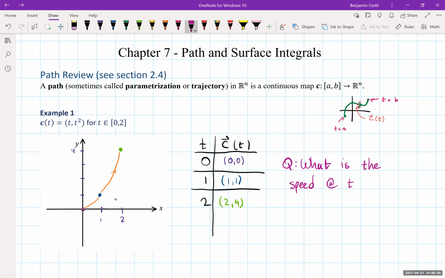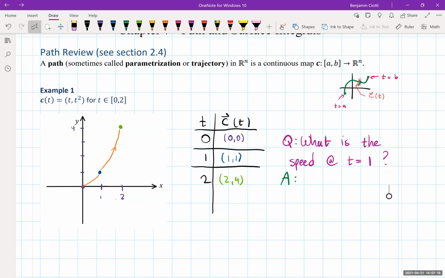How about at t equals 1? Okay, so in order to find the speed, we first should find the velocity and then take its norm or magnitude.